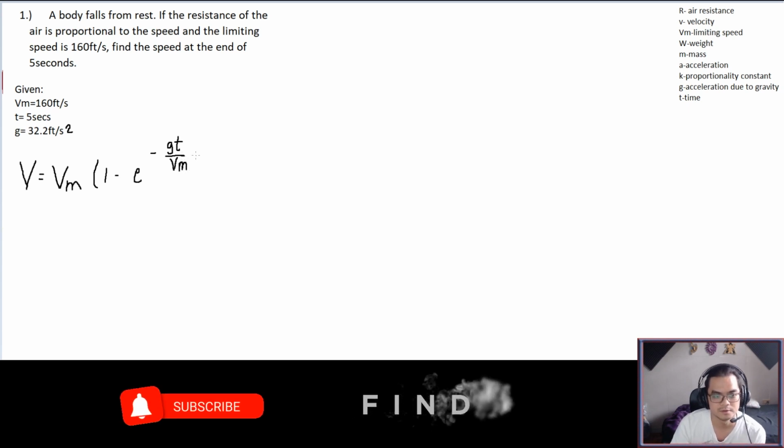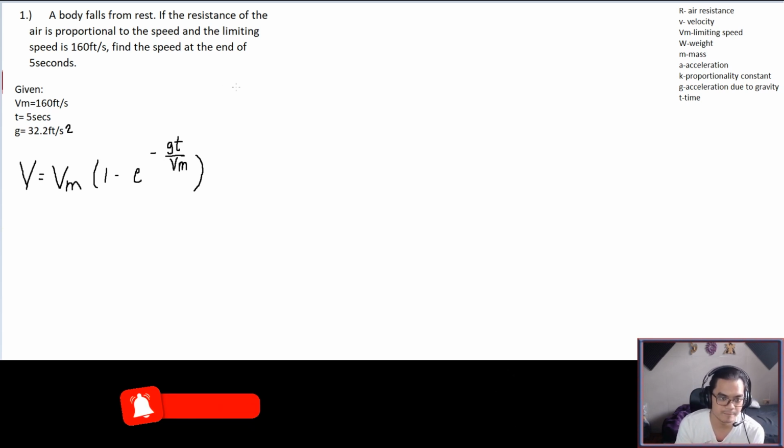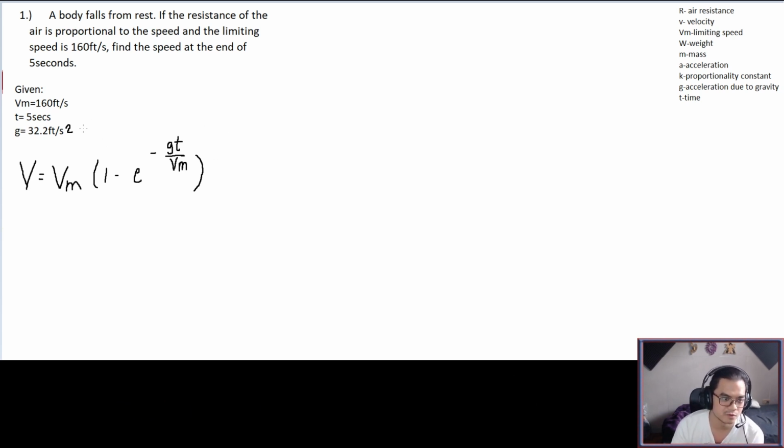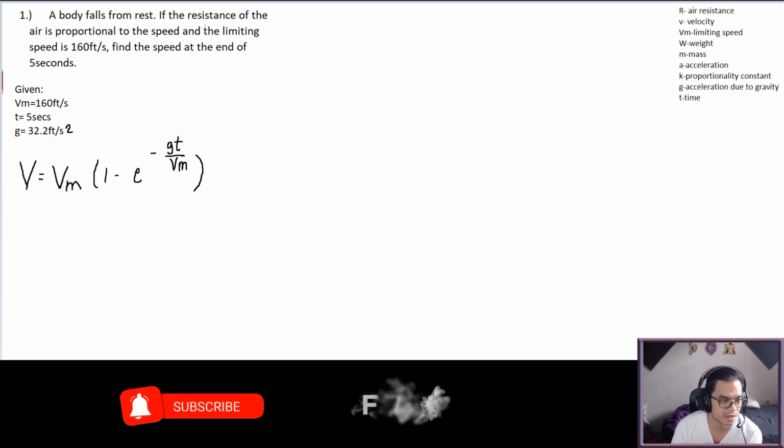That's it. So this is just a direct substitution. Analyzing the problem, the limiting speed, or the maximum speed that the body can achieve, is only 160. So the answer that we must get here must be less than 160. We are asked to find the speed of the body after 5 seconds.